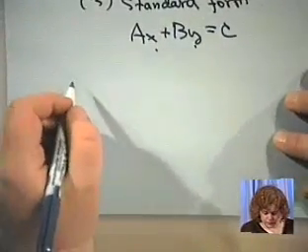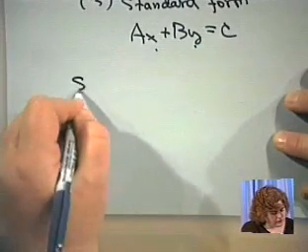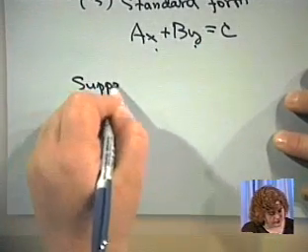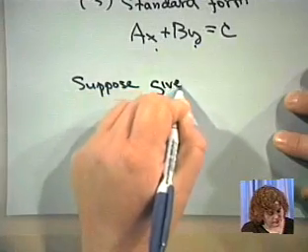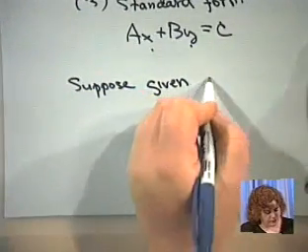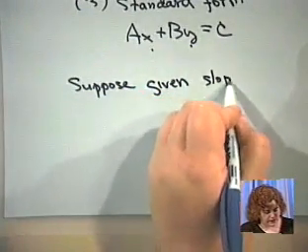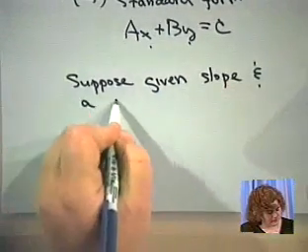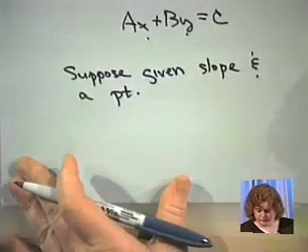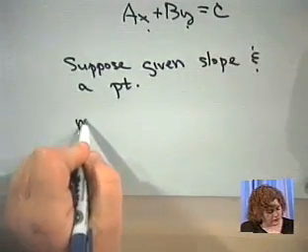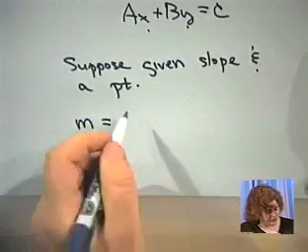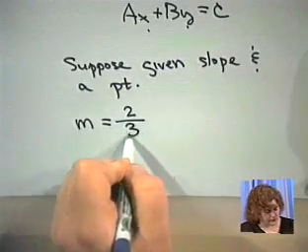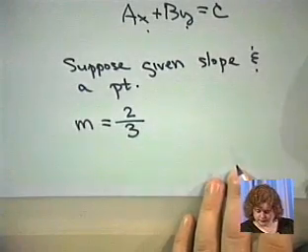Let's suppose that you are given the slope and a point for a graph. Let's suppose you're given the slope m is equal to a positive 2/3, so that's rising to the right.